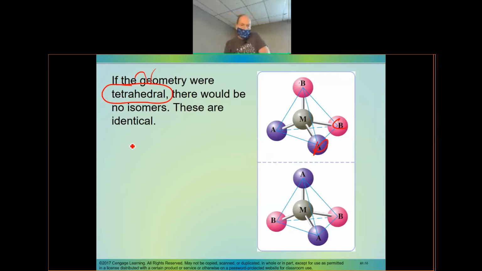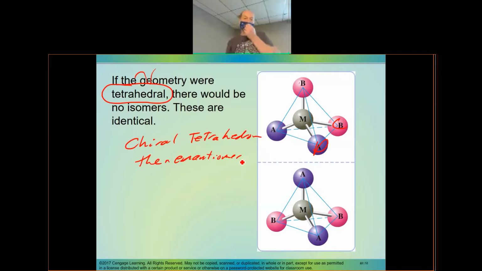All right, so if you have a chiral tetrahedron, then you have enantiomers, which means the mirror image is not superimposable.